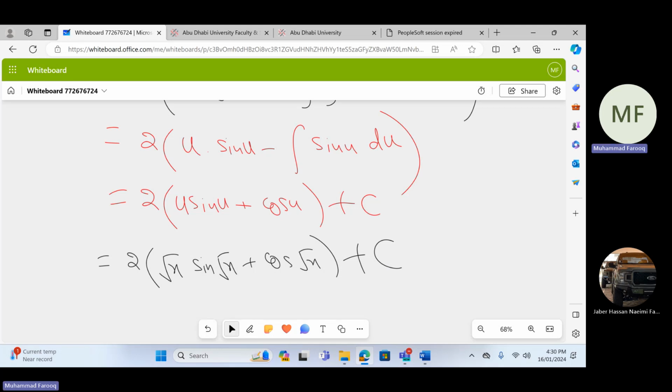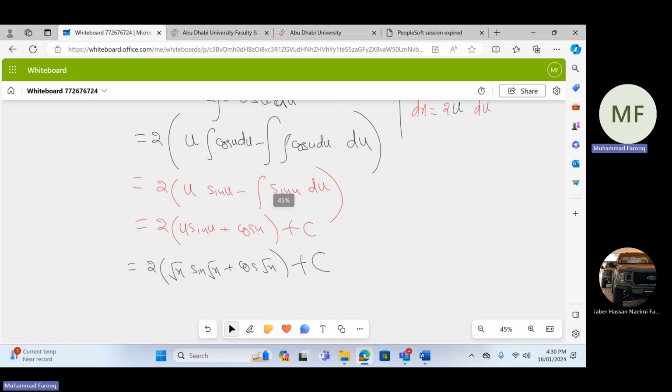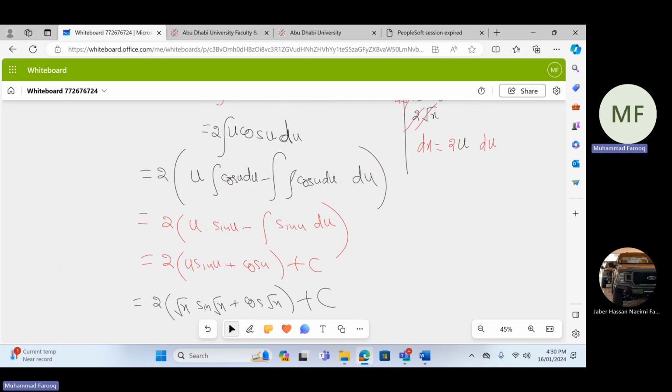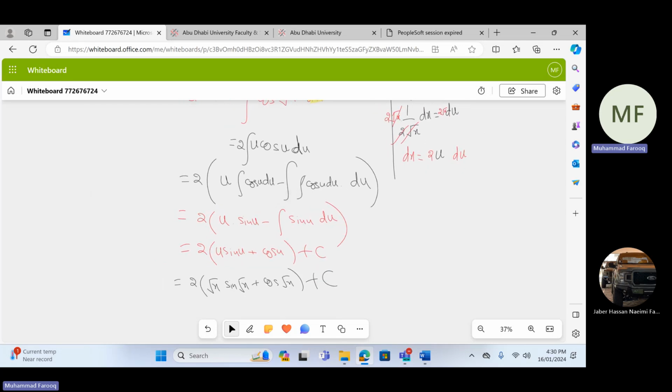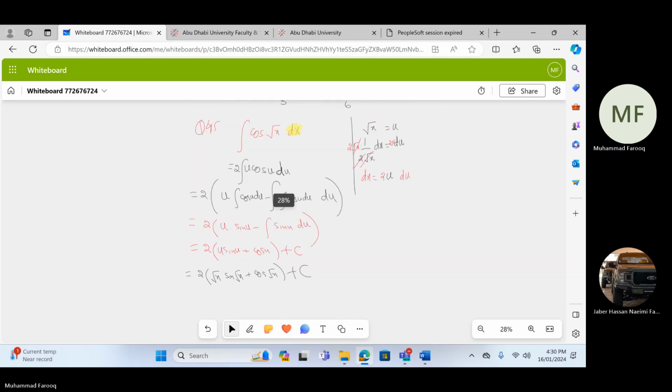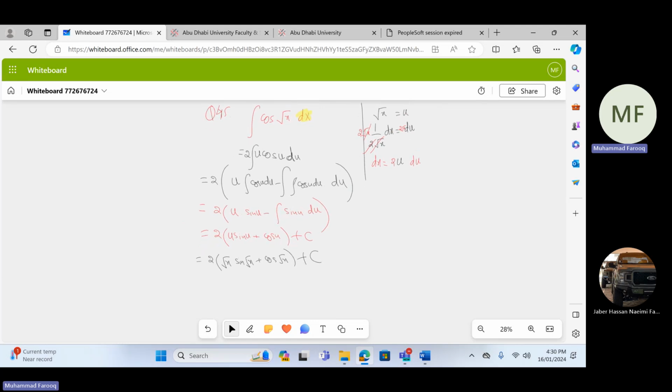So sometimes you have to perform some substitution intelligently so that you get the answer. Because if you go with the original approach, with 1 over root x dx, it becomes very complicated. We don't have to integrate one function another time. There is no integration left in what we have done.